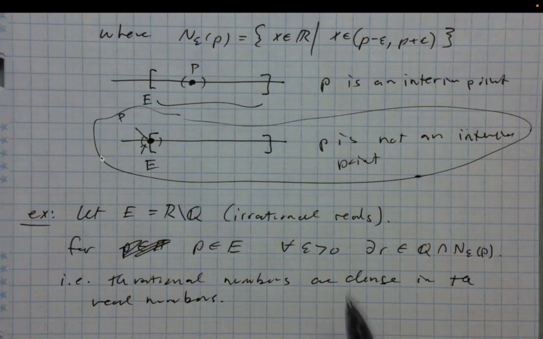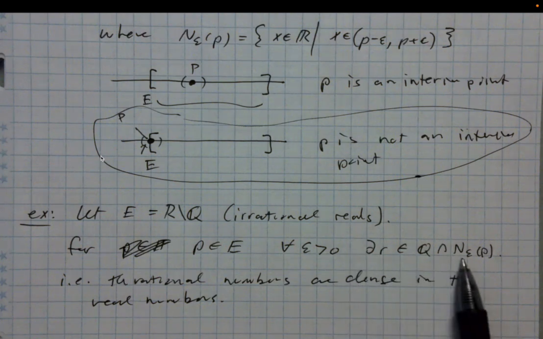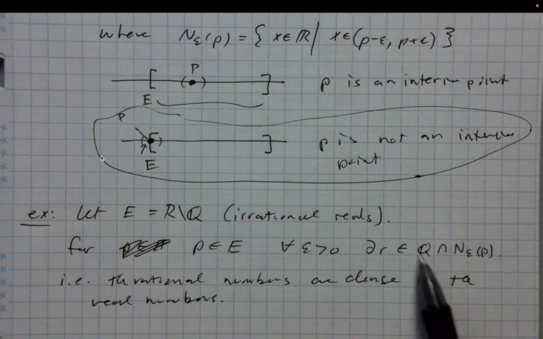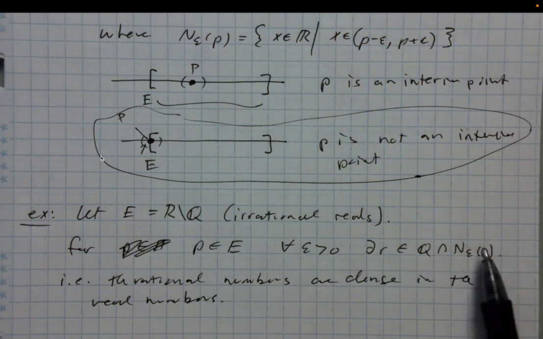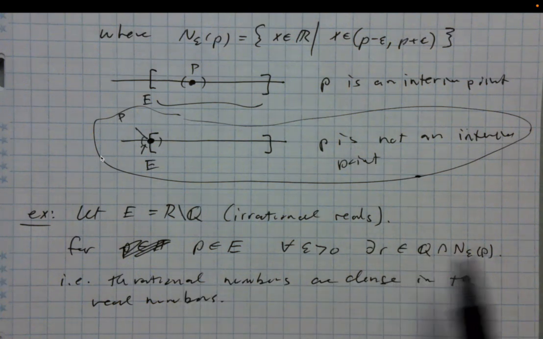Right, meaning it's not possible, so given any P, it's not possible for you to give me an epsilon where there doesn't exist some rational number within the epsilon neighborhood of any P, right? Meaning that no matter how tight or how small of an area you look at, you're always going to have rational numbers there.